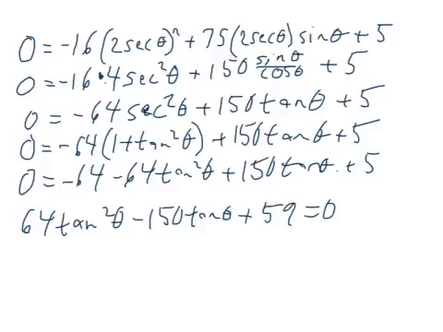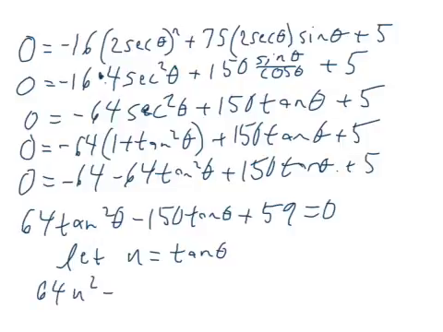Okay, so what I did next, and again, you can stop this if you want, I don't have any other amazing things to show you, but we can let u equal tangent theta, and therefore we have something a little more familiar to us. There we go. Let's go to the next slide.